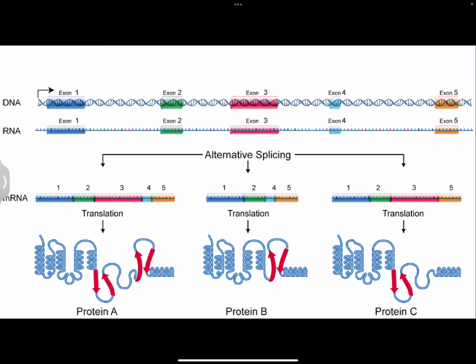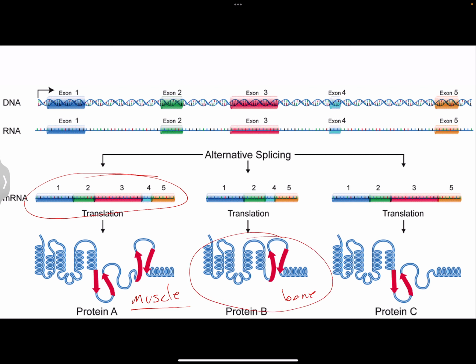Alternative splicing is where, one man's intron is another man's exon is one way you could think of it. So in this case, we have 5 possible exons. Maybe one version of the protein gets all 5 exons. And that could be a protein in like a muscle cell. And you know what? Maybe in like a bone cell, for whatever reason, we don't want exon 3. And so we have just exons 1, 2, 4, 5. And now we don't want exon 4.